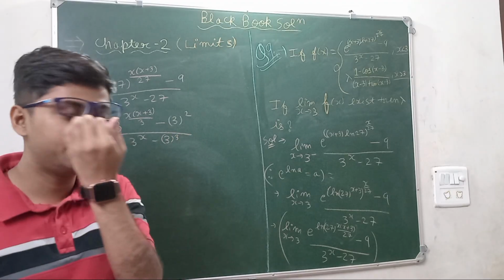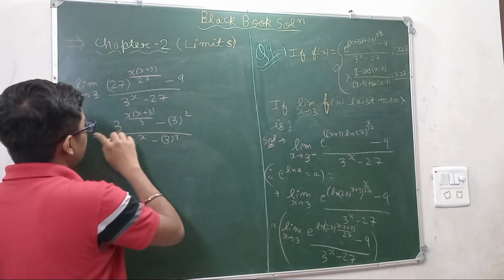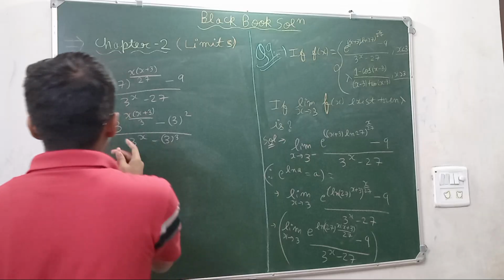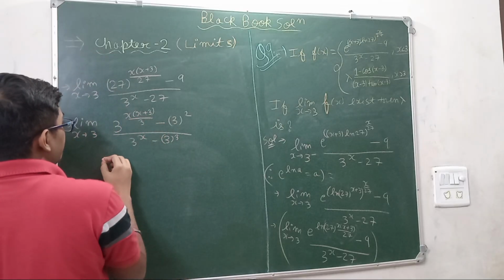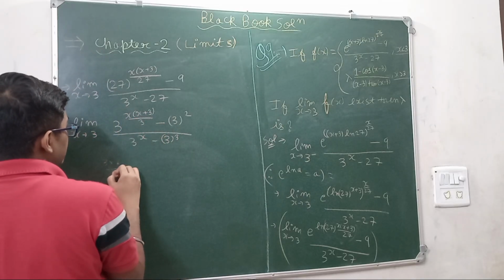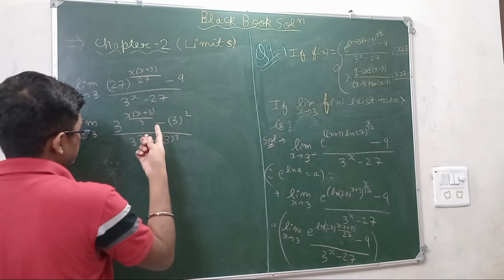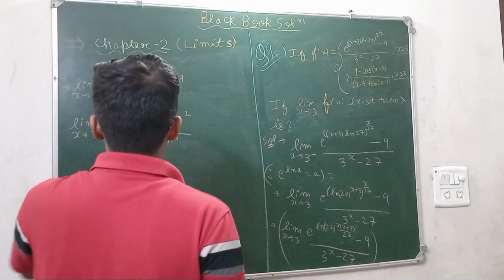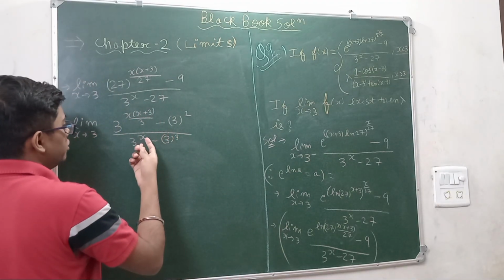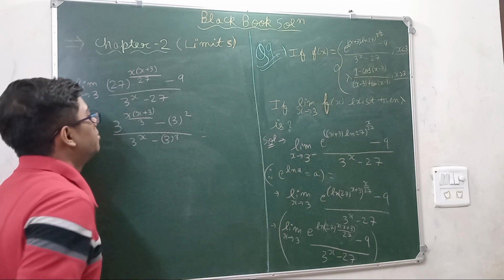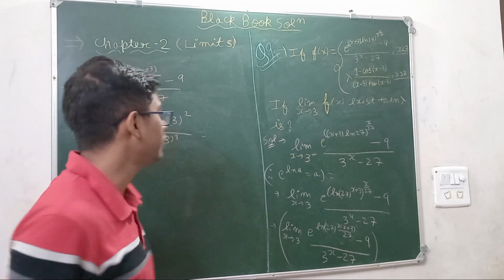Now what will you do here? If you put x equals 3 here, this will become 3 into 3 plus 6 upon, 3 to the power 6 upon 3 to the power 3 minus 3, so this becomes 0 by 0 form.